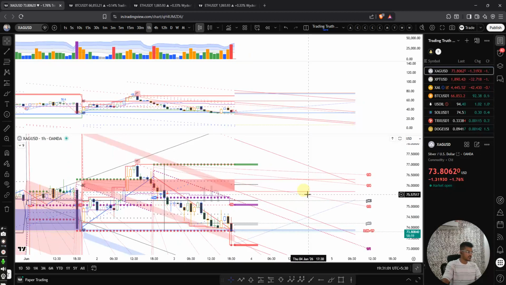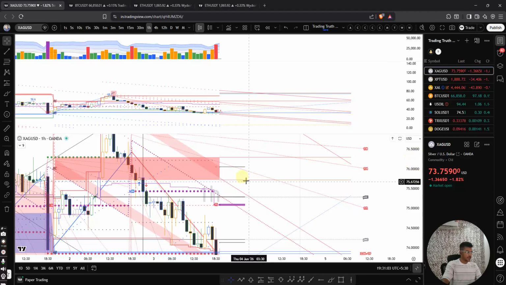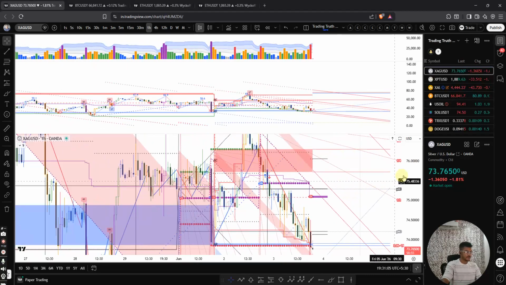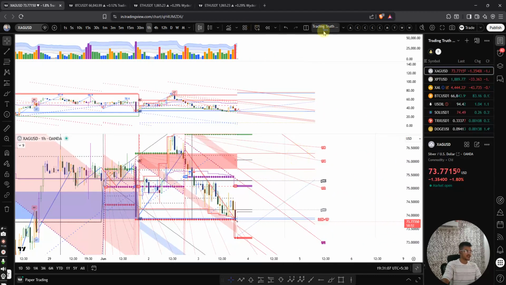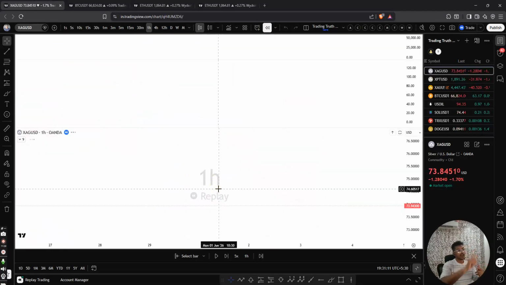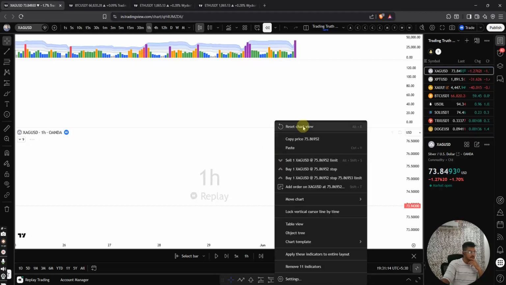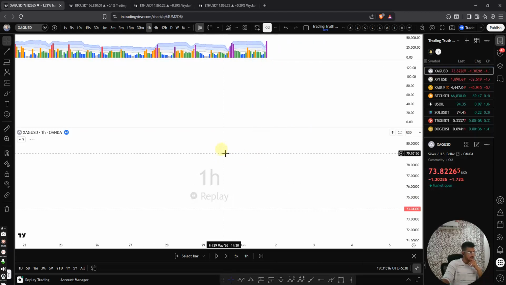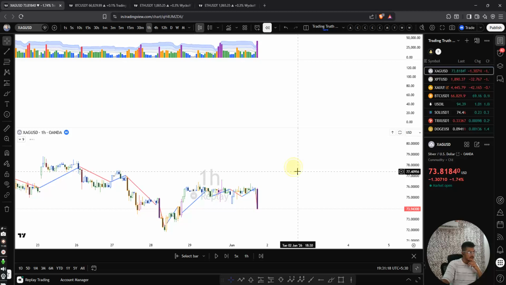And one more thing you should keep in mind is that I'll actually run the simulation, so that you can understand the value of the trend lines that I have drawn. So here we go.